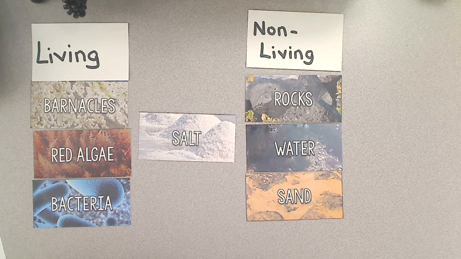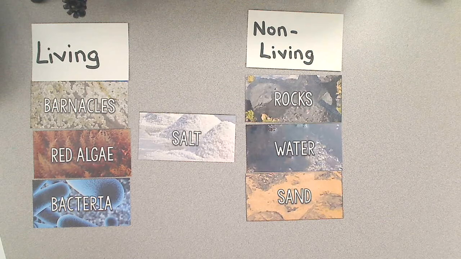Salt. We all know that the ocean is salt water. And let's think about it. Salt is a mineral. It's technically a nutrient. It dissolves in water and it combines with water molecules in order to create what we call saline.